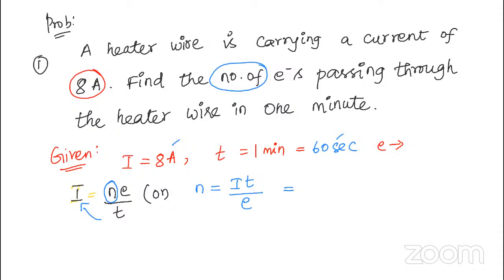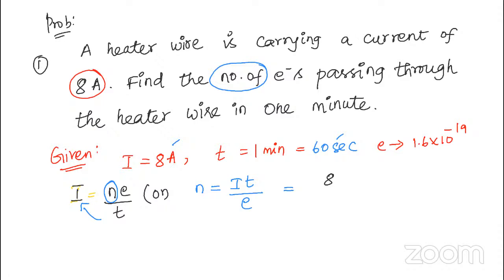Yes, it is 1.6 into 10 power of minus 19. So let us now substitute the values.